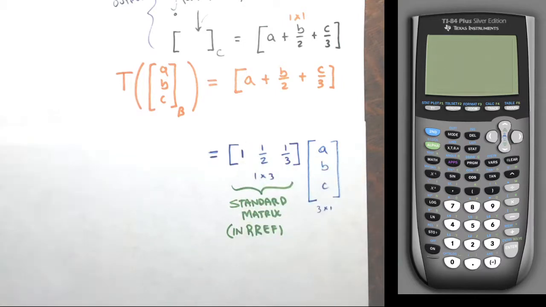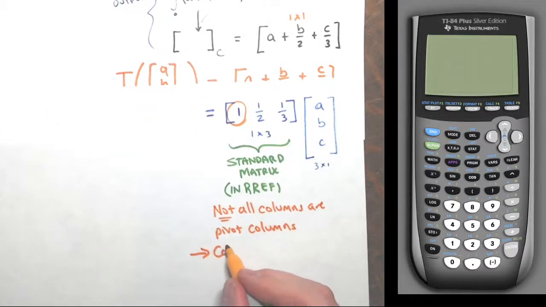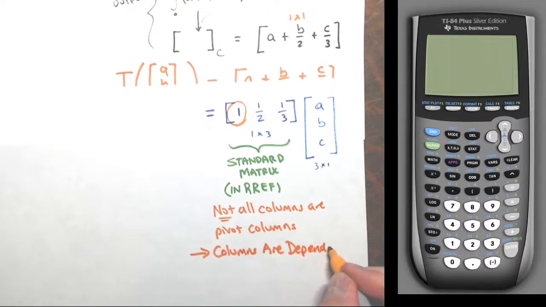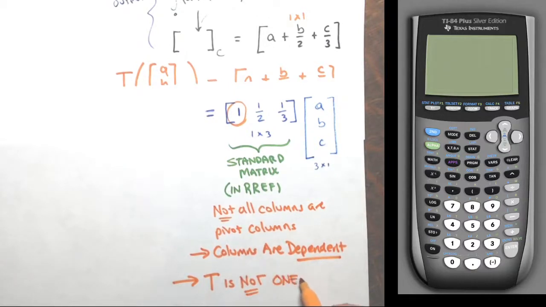So if you look at the pivots, that leading 1 here, not all columns are pivot columns, meaning the columns of the standard matrix are dependent, meaning that this particular transformation is not 1-to-1, just like we saw earlier in the video, but again, another way of showing it.